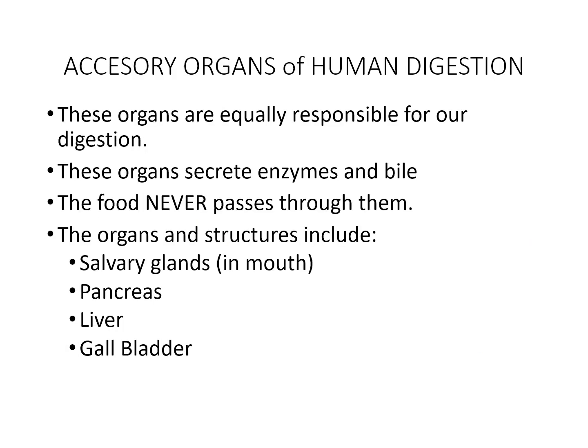The accessory organs of the human digestive system. These organs have almost equal responsibility for the digestion of our food as they excrete enzymes and bile. And we have been taught that enzymes are catalysts that improve the output of our body processes.